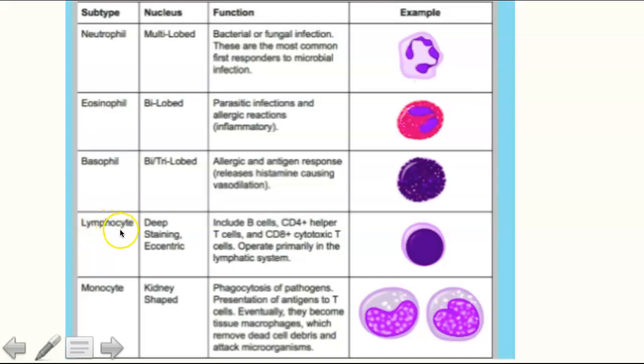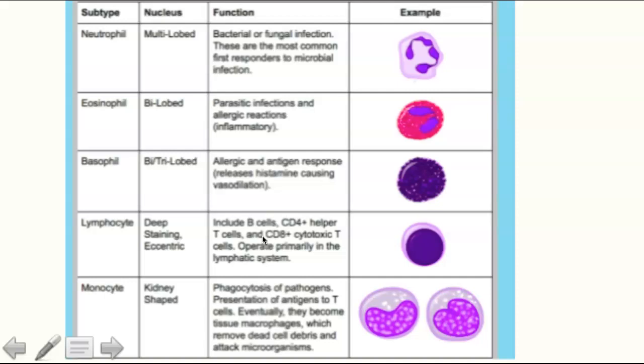Lymphocytes are part of the lymphatic system. And if we talk about the immune system, which I hope we get to this year because I think it'll be interesting with everything going on, we'll talk a lot about B cells and T helper cells, cytotoxic T cells. These are cells that basically come about in response to an infection and help our body produce antibodies to fight a similar infection should it occur later.